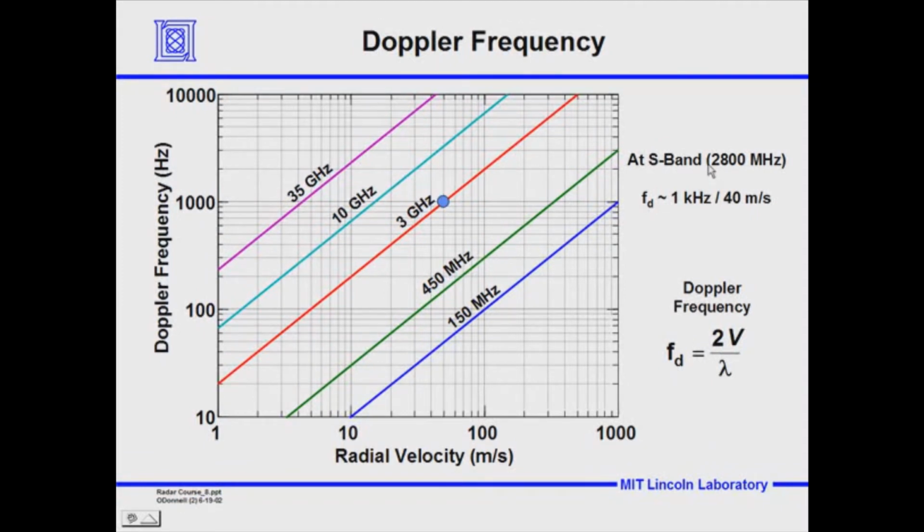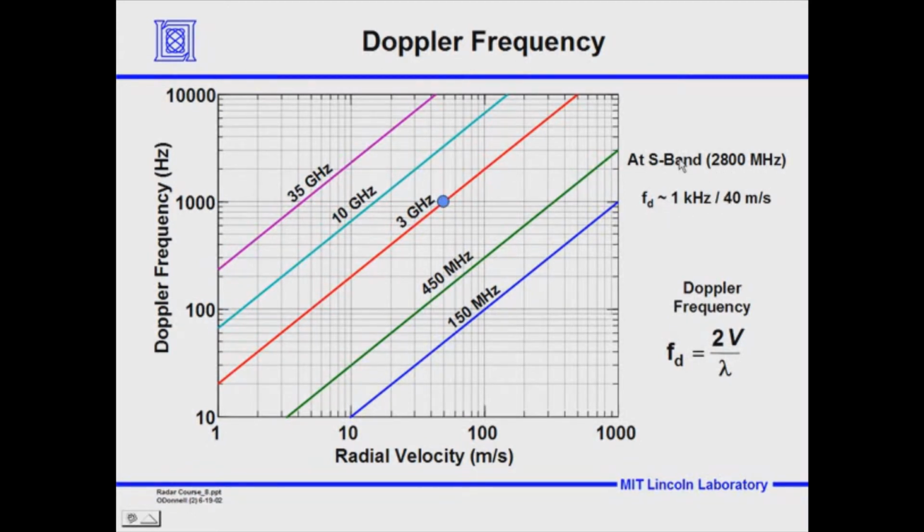See, we're at a radar of 2800 megahertz, that's S-band, wavelength of about 10 centimeters. If a target was moving, there'd be an addition or a subtraction to the 2800 megahertz in the echo, depending on whether the target was moving towards you or away from you.